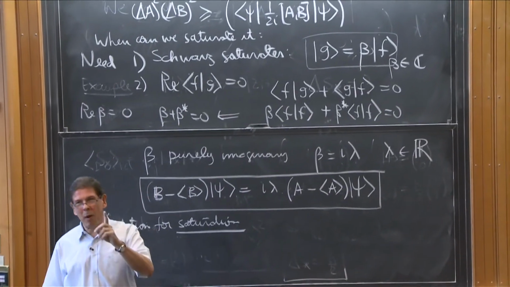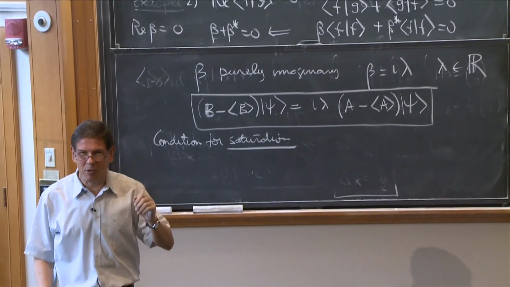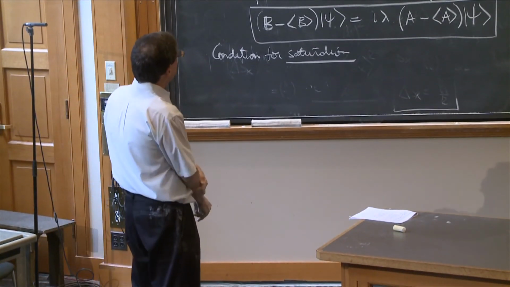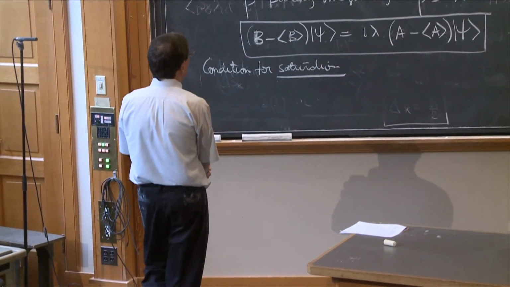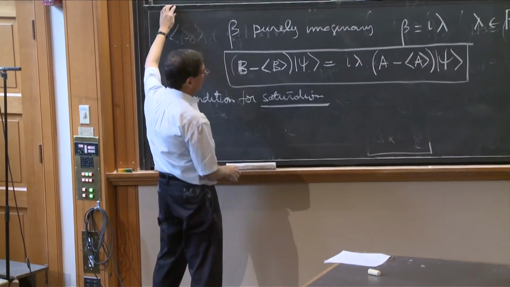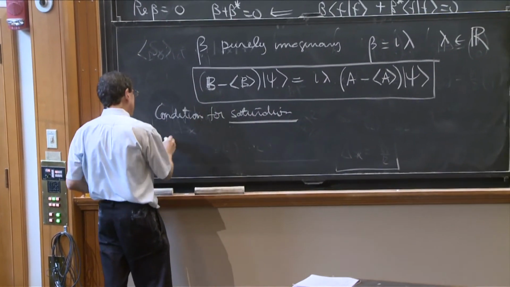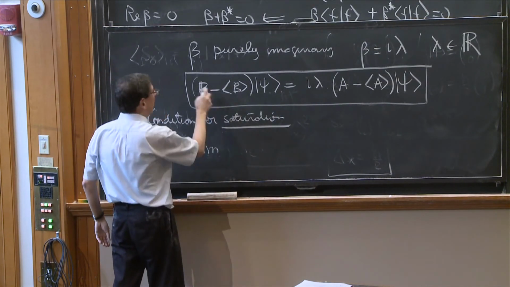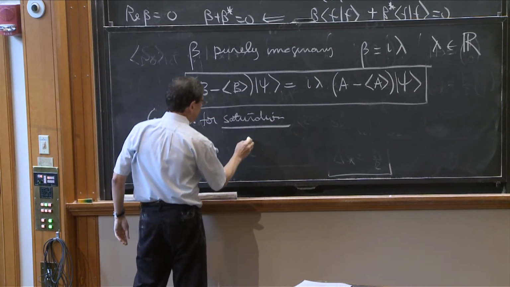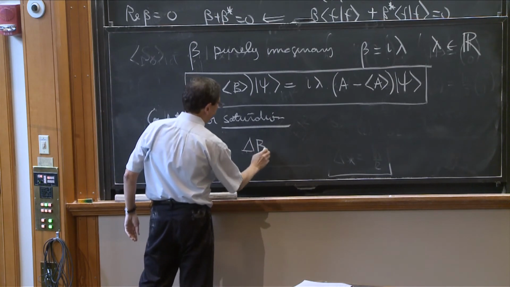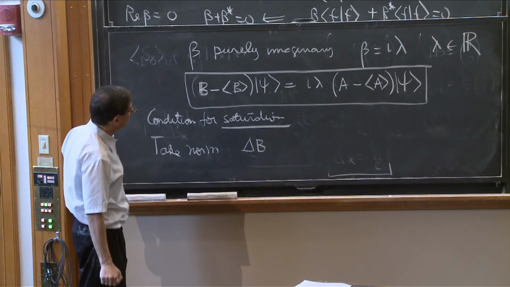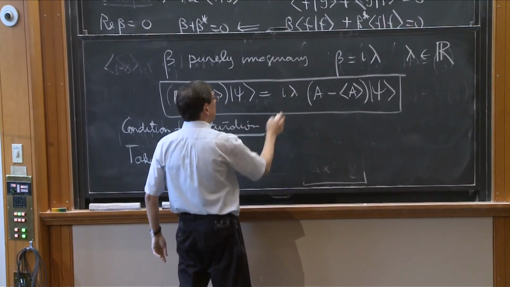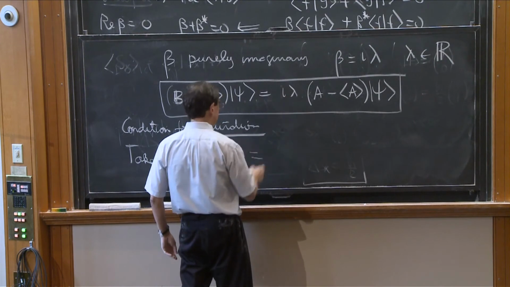Well, at least one thing I can tell you before you try this too hard: this lambda is essentially fixed. Because we can take the norm of this equation, and that's an interesting fact. Take the norm. And what is the norm of this? This is delta B, the norm of this state. And the norm of i lambda, well, the norm of i is 1.